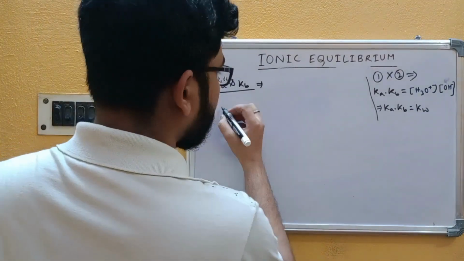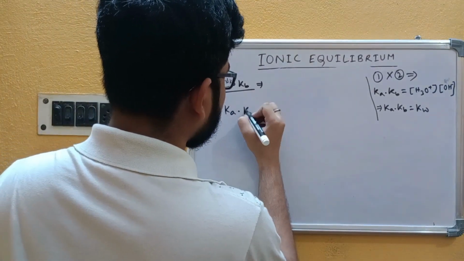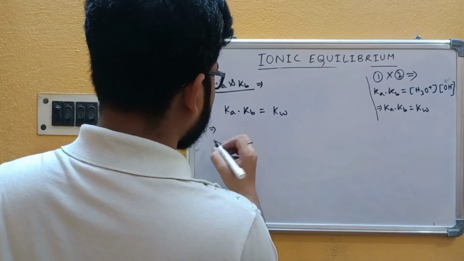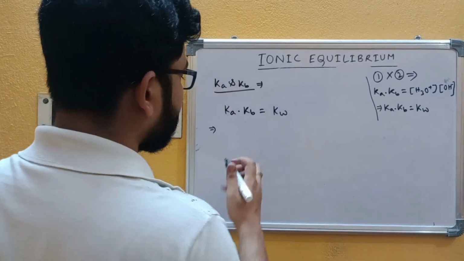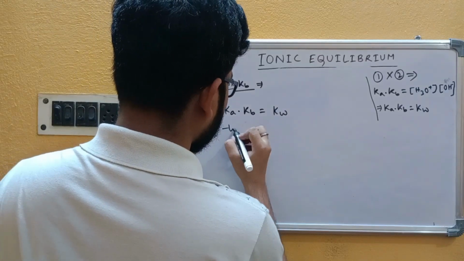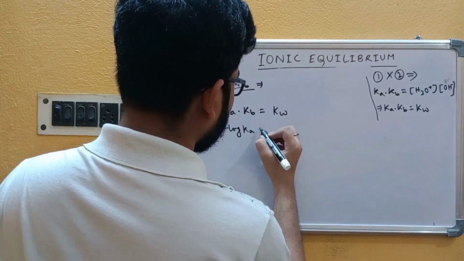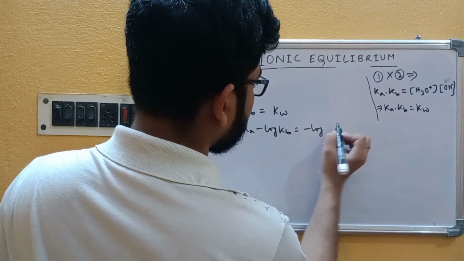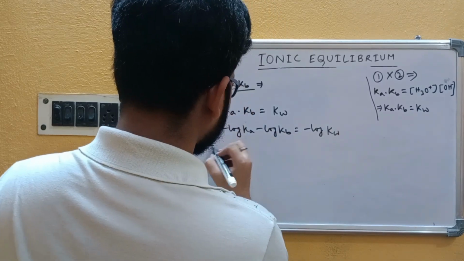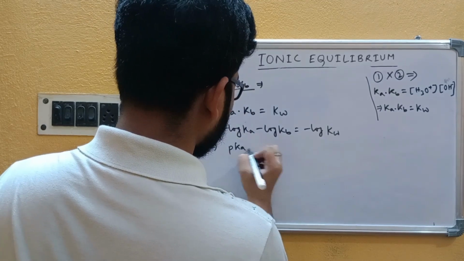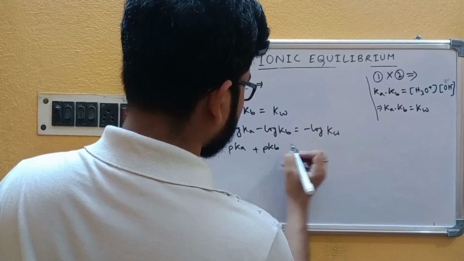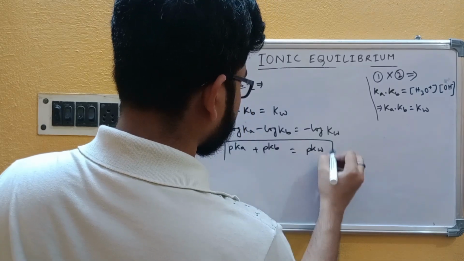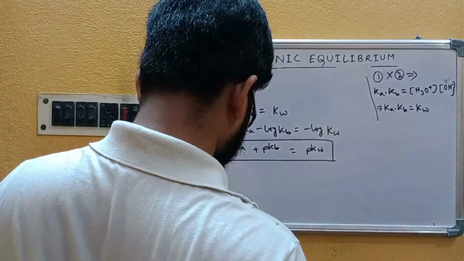So again we write over here Ka into Kb is equal to Kw. Taking both side negative logarithm, we get minus log Ka minus log Kb is equal to minus log Kw. So this is pKa, and this is pKb, and this is pKw.